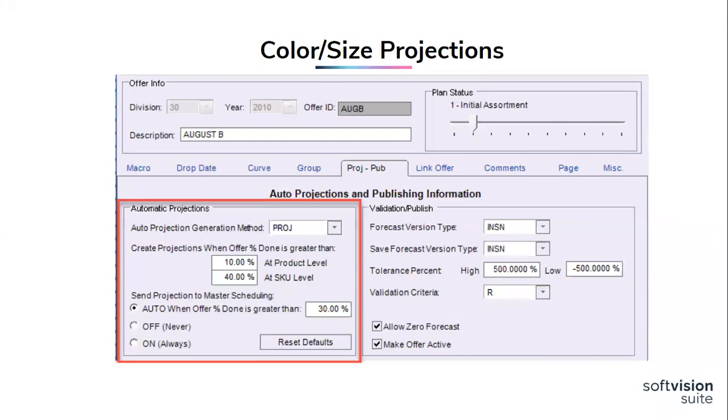So we may start sending the product forecast projection to master scheduling immediately, but because products may have a high number of colors and sizes, there's a possibility in the early stages of a book that certain colors and sizes might get 0% or very low percentages in comparison to what you initially set up. This allows you to adjust that percentage to avoid that situation.